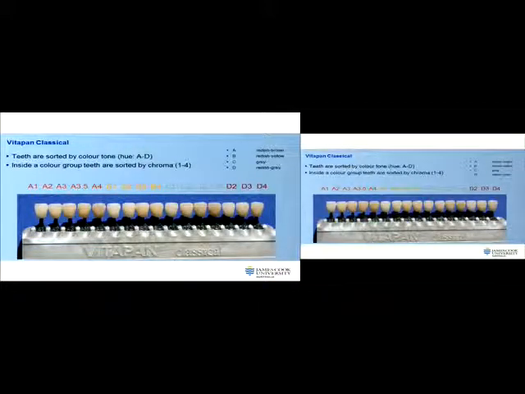Inside these groups, the tabs are sorted by chroma. That's the amount of color. So the tab with the lowest chroma is, for example, in the A group, A1, and A4 has the highest amount of chroma.